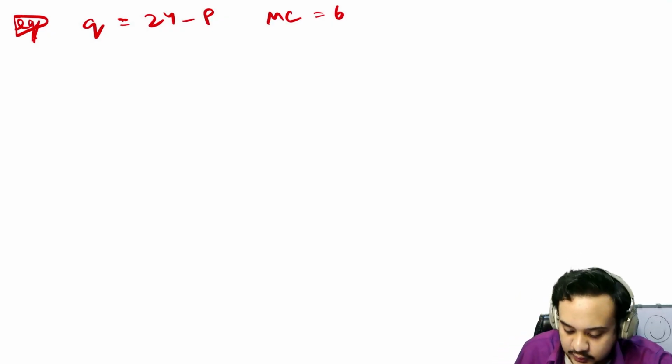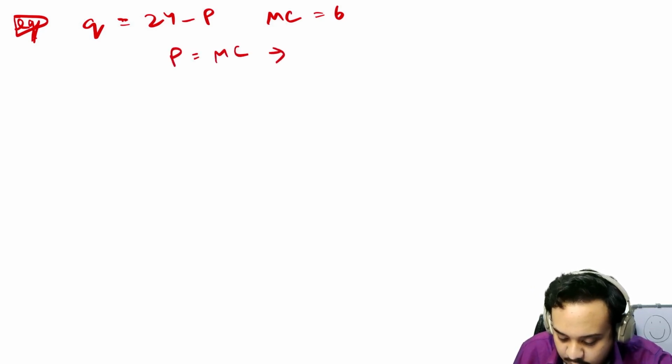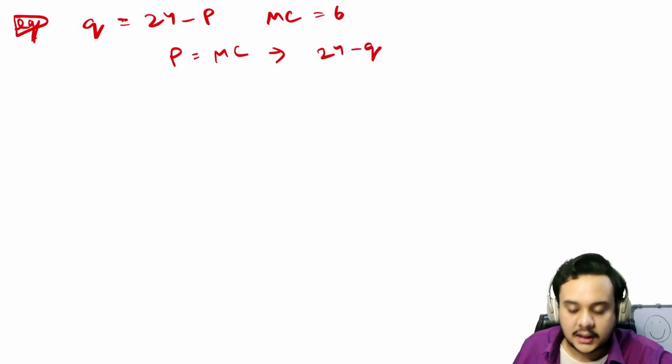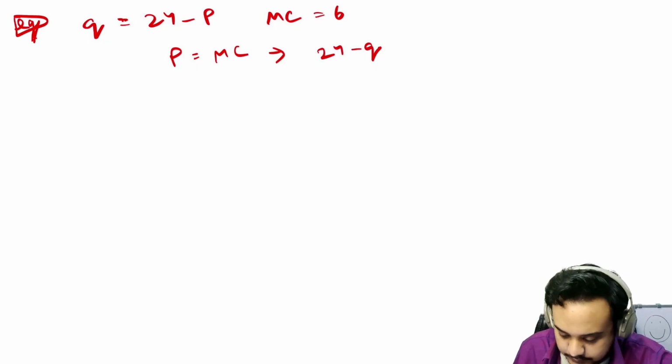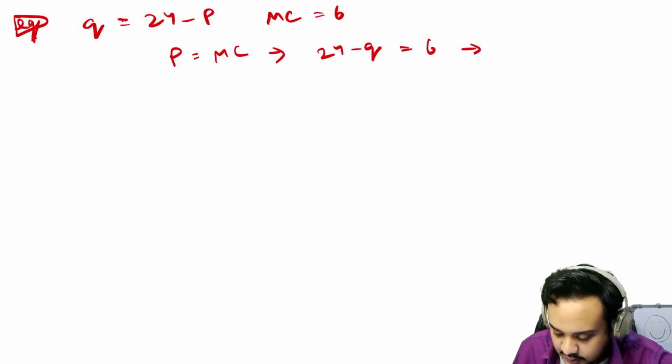The first step was to write down the equilibrium condition, and from that you can get Q. You know that P is nothing but 24 minus Q, since we took Q to the other side. So this is equal to 6. So Q star is equal to 18, and from this you can also get P star. P star is 6.